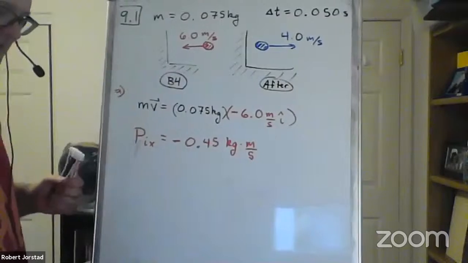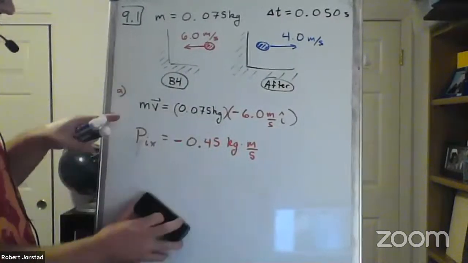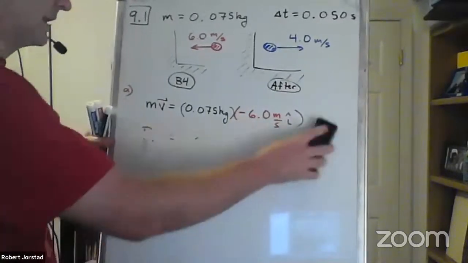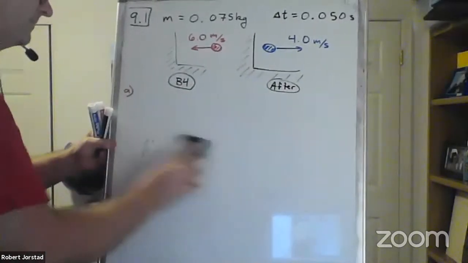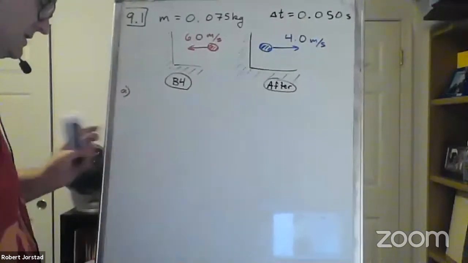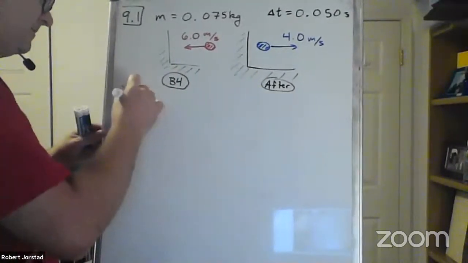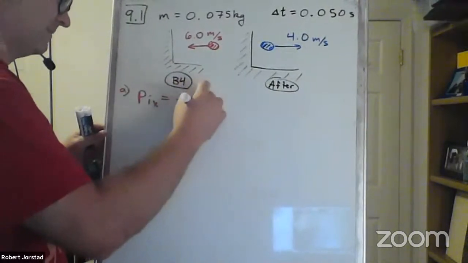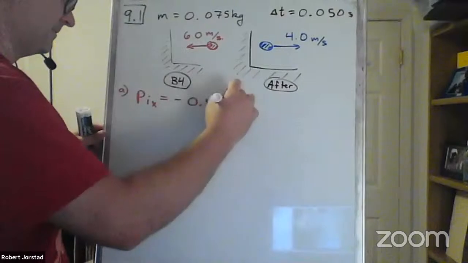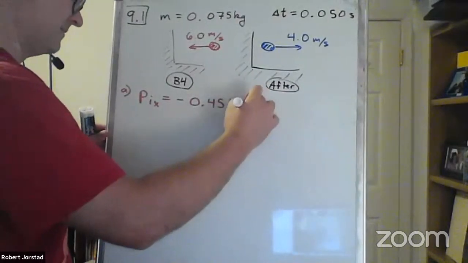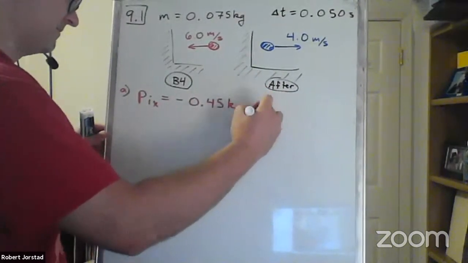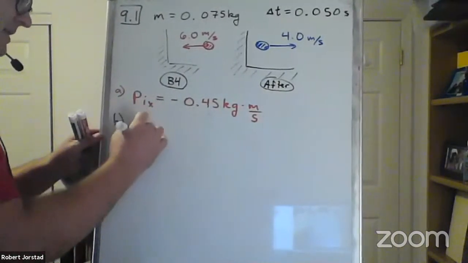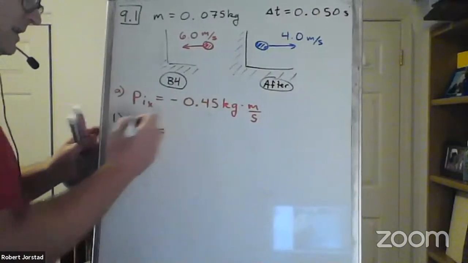Okay. So now, just so I have some room, I'm going to just erase this line. Think to yourself, part B is what's the final momentum? Go ahead and hit it, okay? Let me just rewrite that. So part B, the final momentum is what?